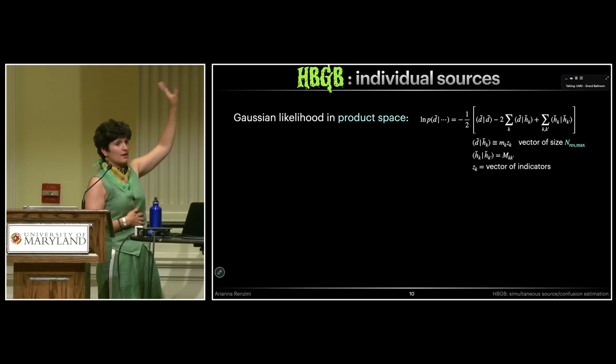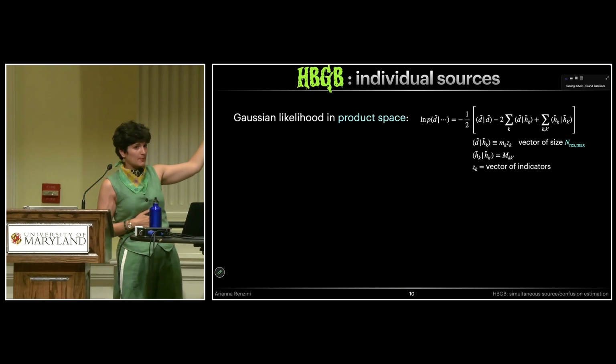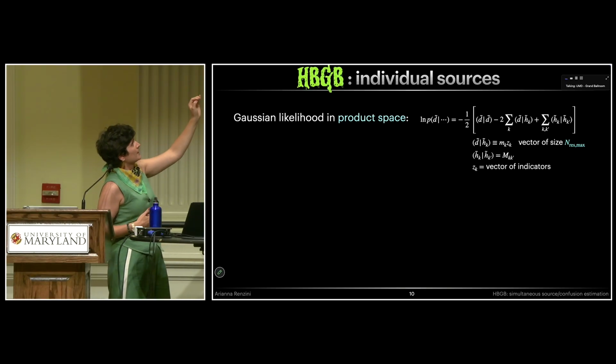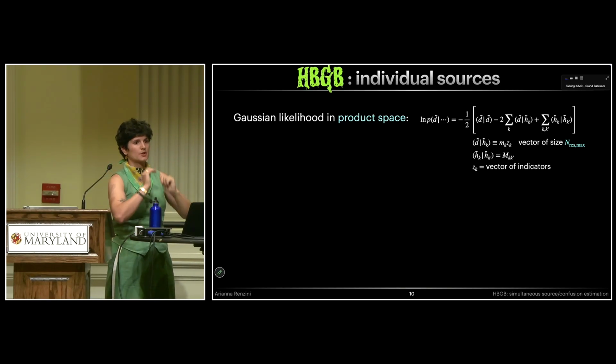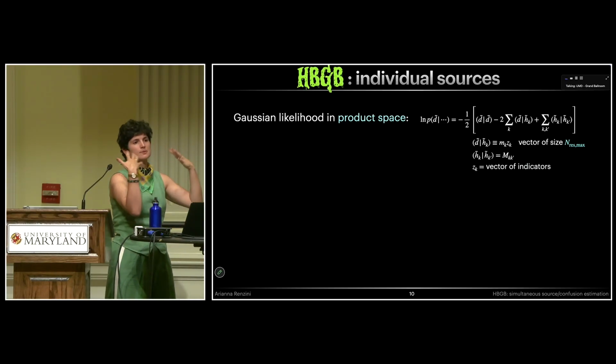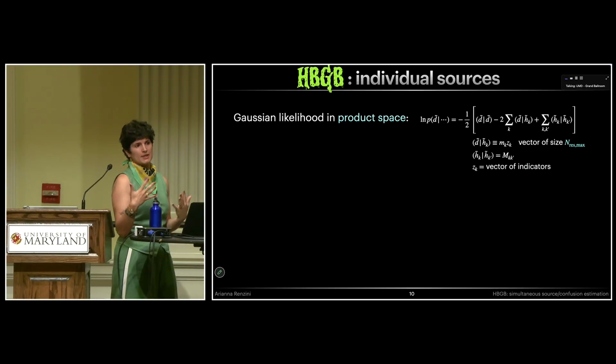That's what the Gaussian likelihood looks like in product space. It's just a Gaussian residual likelihood, but you see that I've rewritten it to highlight these inner products, the dimensions of which are fixed to some maximum number of resolvable sources that I can expect.